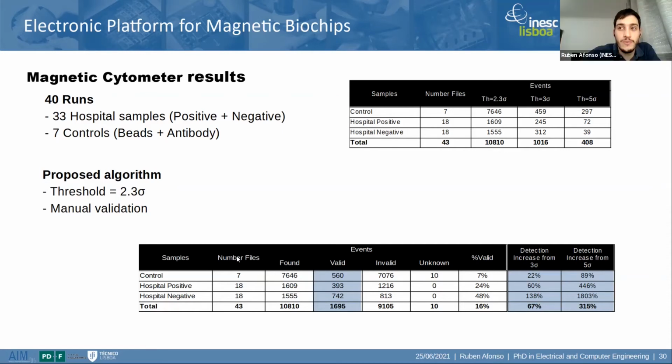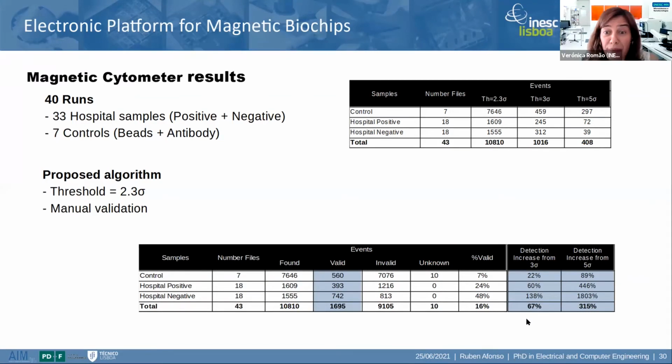No. For instance, if we use the 3 sigma, we have 1,000. And if you use the 2.3 sigma, we have about 600 more. Okay, so it's 67% more.